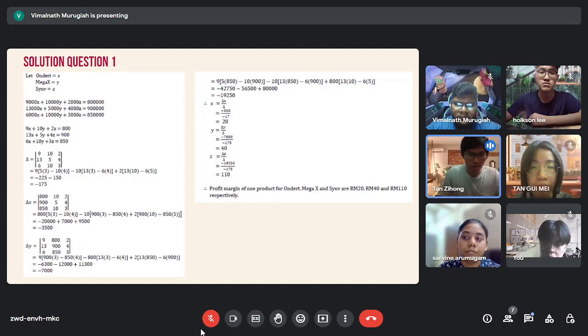And for the z product, we take determinant z divided by the determinant. Negative 19,250 divided by negative 175, then we will get 110. So these are the respective profit margins for these products.